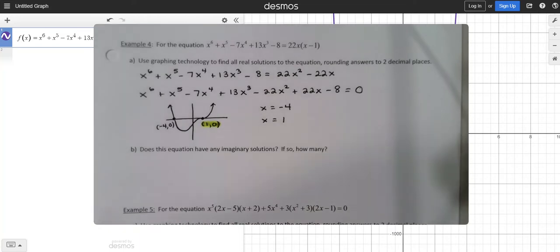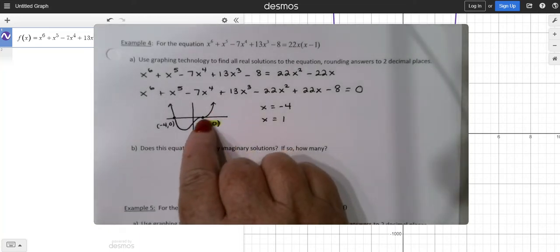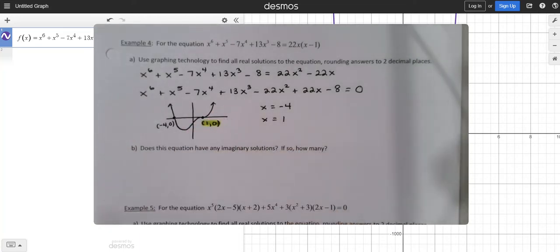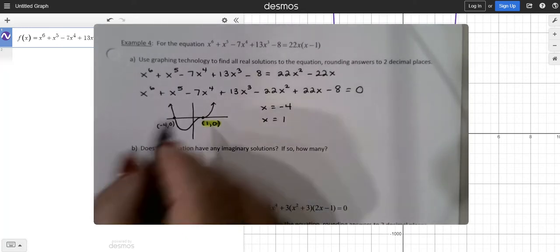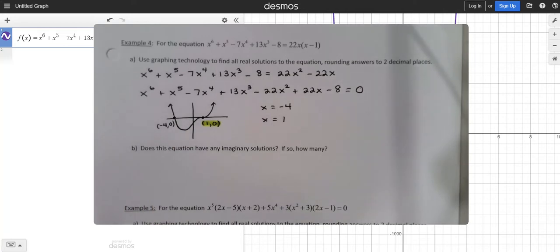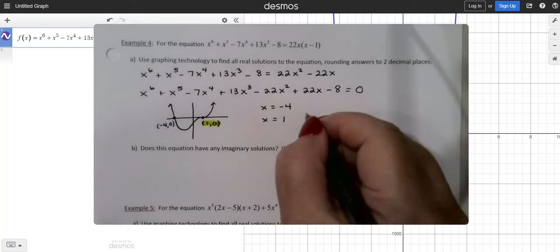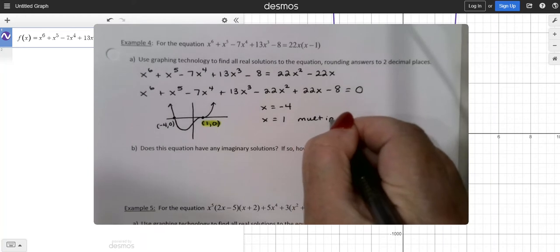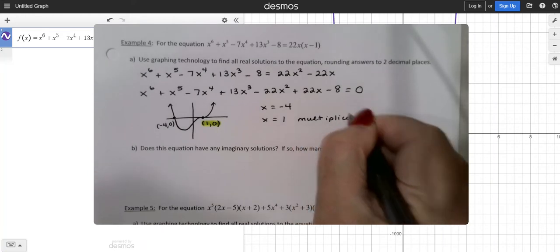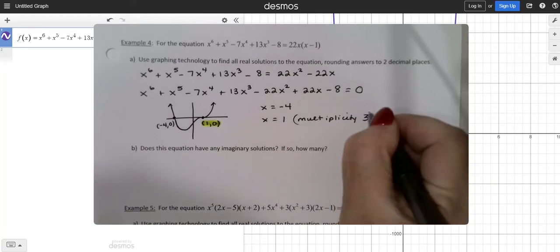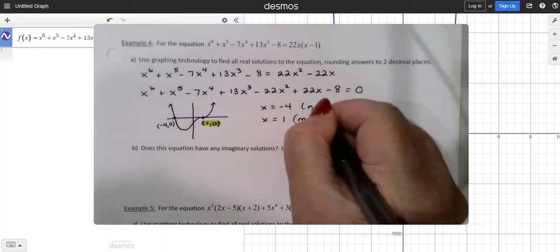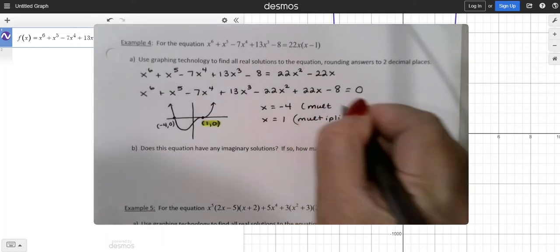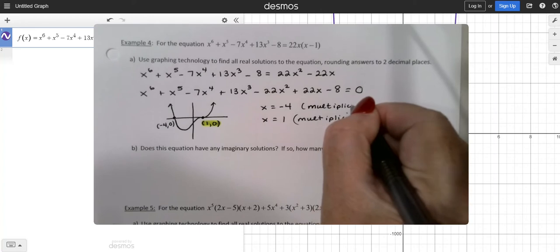In fact, because it's got that little inflection point or that little wave, that has a higher multiplicity. It's not a multiplicity of 1. It has to be an odd multiplicity, so I'm going to say it's probably a multiplicity of 3. The -4 cut straight through, so that one was a multiplicity of 1.